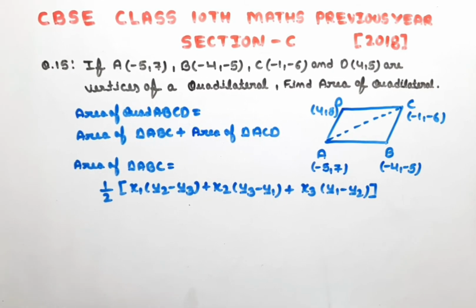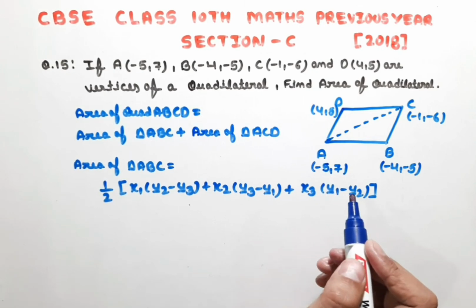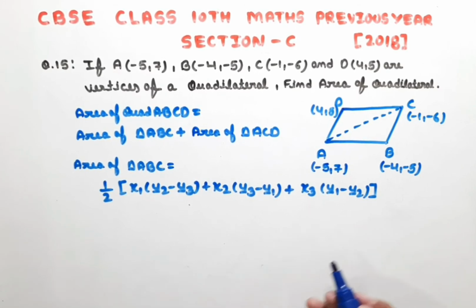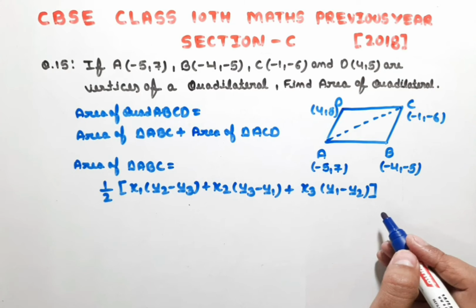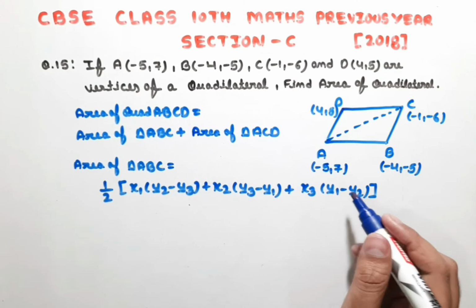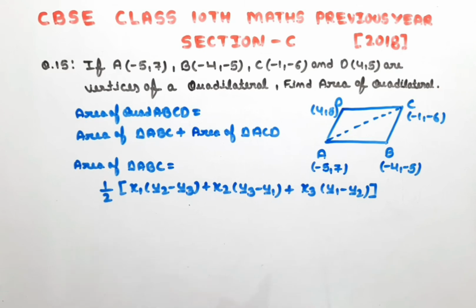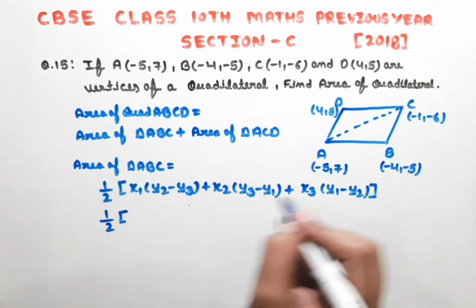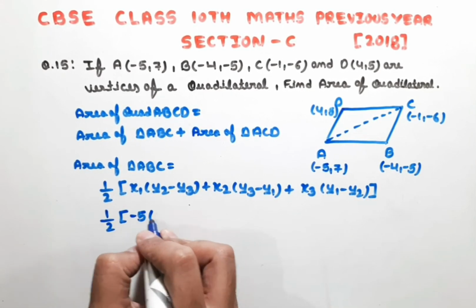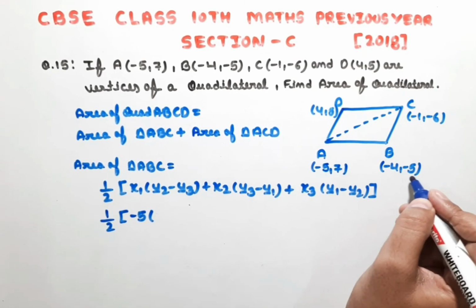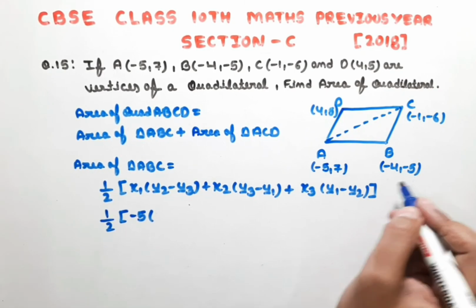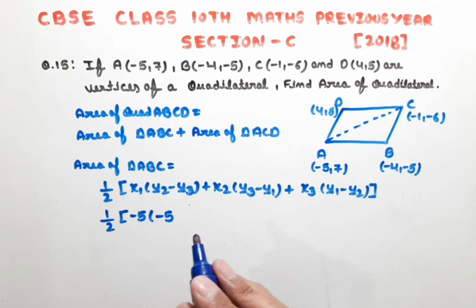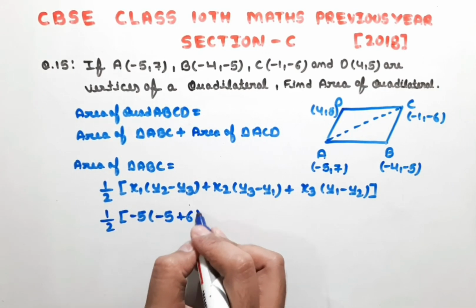Now putting values here: 1 upon 2 times x1, that is minus 5, times (y2 minus y3), y2 is minus 5, minus y3 is minus 6, so minus minus is plus, this will be plus 6.